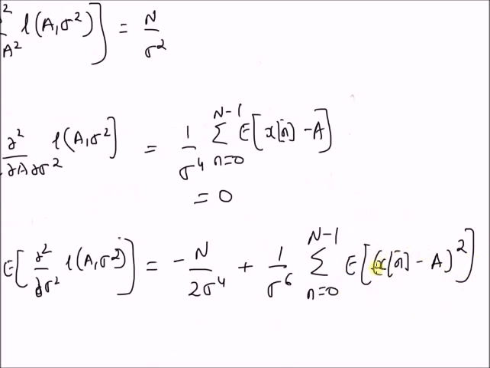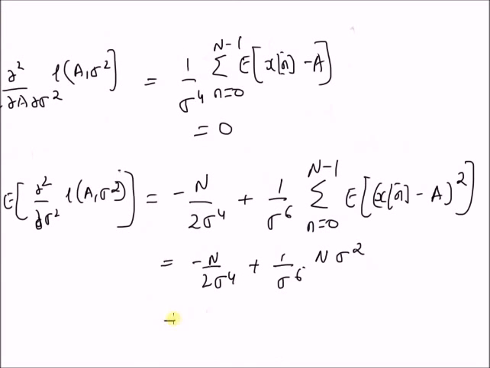The definition of the variance of x of n is basically the expectation of x of n minus a squared. So by using this definition, we can replace this expectation with the variance sigma square. So we are left with minus n by 2 times sigma power 4 plus 1 by sigma power 6 into n times sigma squared. Clearly, this is equal to n by 2 times sigma power 4.